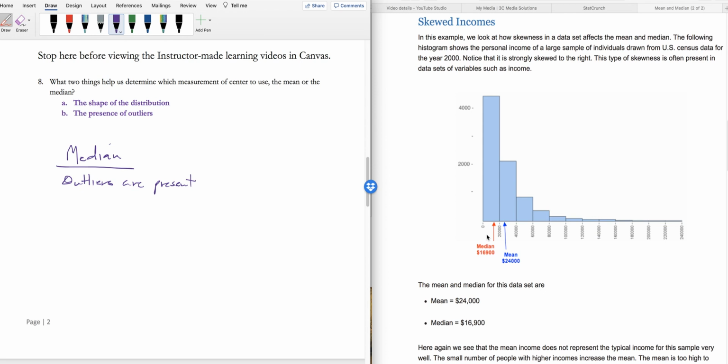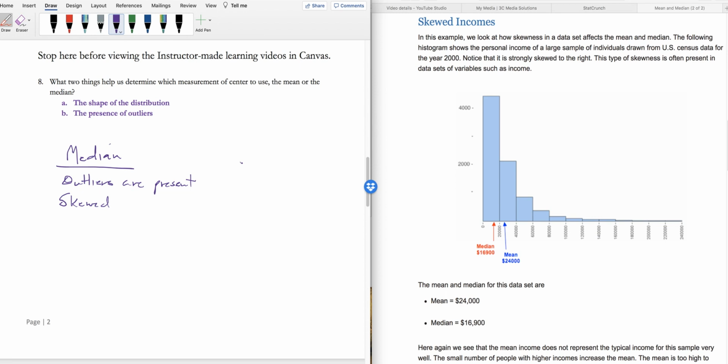So when we have a skewed data set, highly skewed one way or the other, that is another instance in which the median is our best measure of center. So let me add that back over here. When we have skewed data sets, the median is our best measure of center.